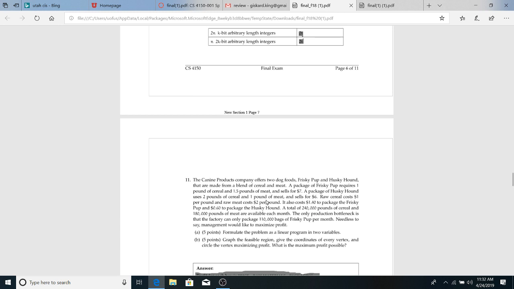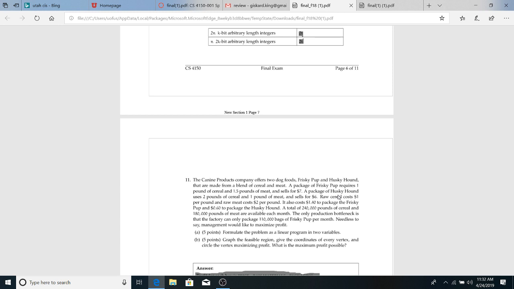Then for meat, it costs $2 per pound, and the amount of meat in F is 1.5, so it's minus 1.5 times 2, and this is meat. And then we're also subtracting the cost of the cereal. I believe this one takes in 1 pound of cereal, and cereal costs $1. So it'd be minus 1 times 1. Cool.